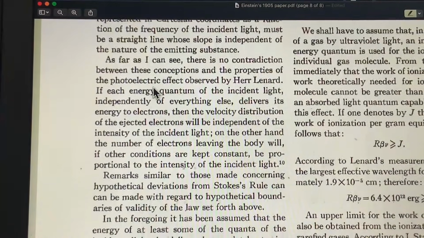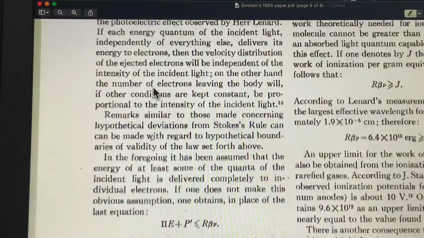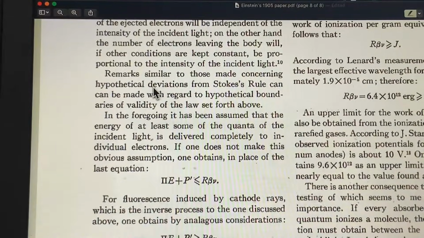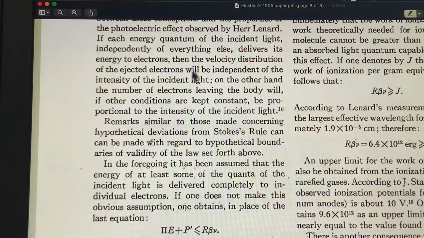So that's all. If the energy of the quantum is independent of and so on, all those things he says. And here he explains that this maximum kinetic energy is independent of intensity.